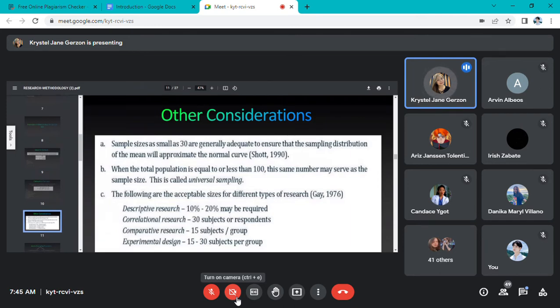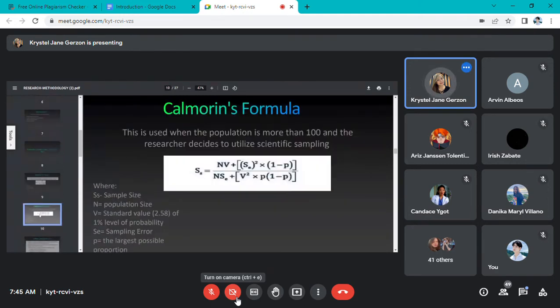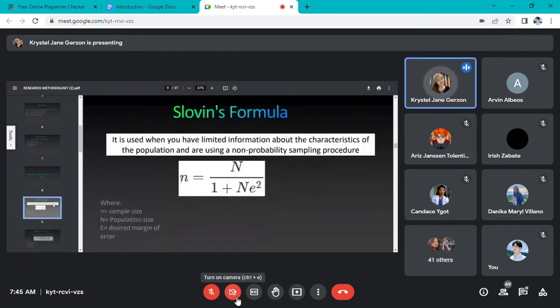Most of the time when you use a formula in solving for the sample size, meaning how many respondents you will get, the numbers are large. We're talking about hundreds because in your population there are, let's say, STEM students, more or less 2,000.